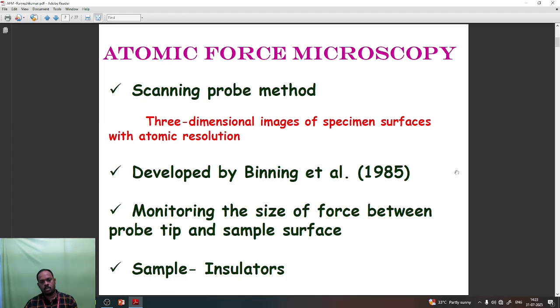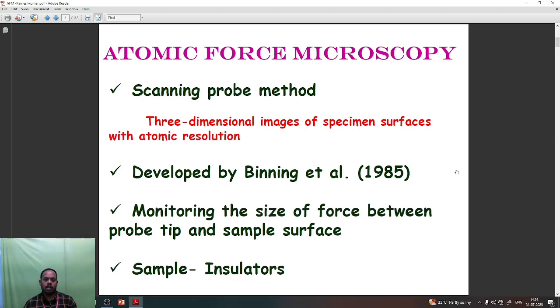So if you focus on secondary electrons or backscattered electrons, the technique will be scanning electron microscopy. So if we analyze other electrons like transmitted electrons, that will be used in the analysis of transmission electron microscopy.